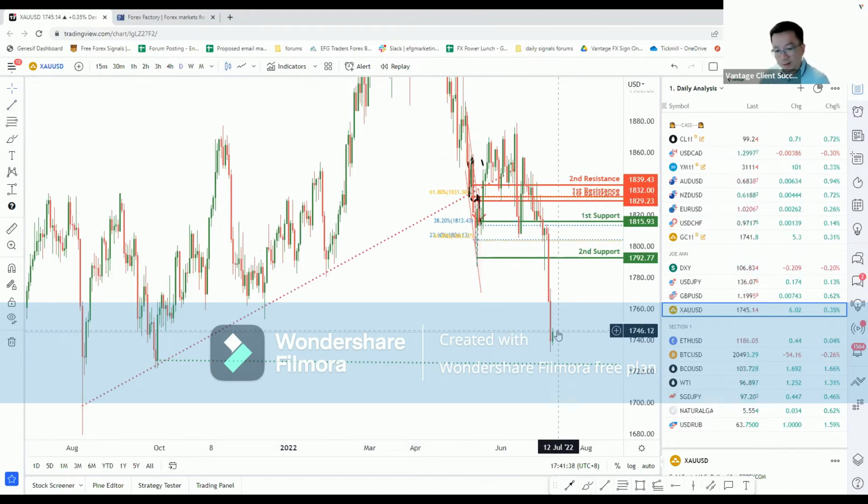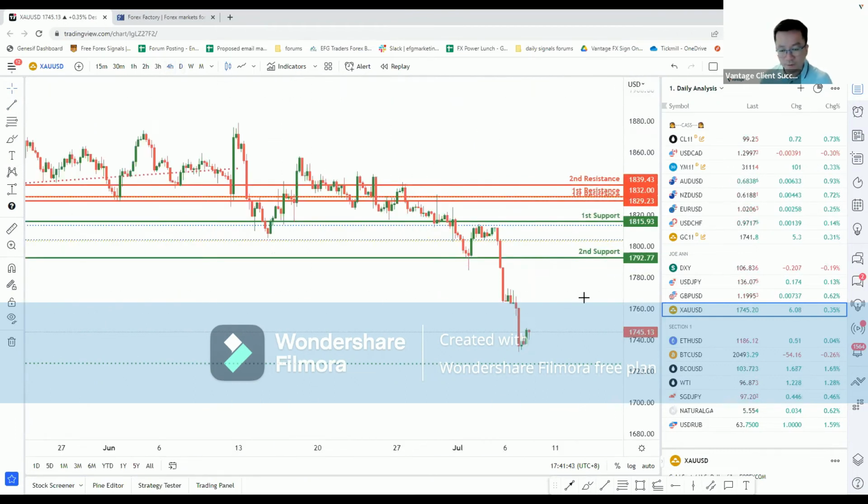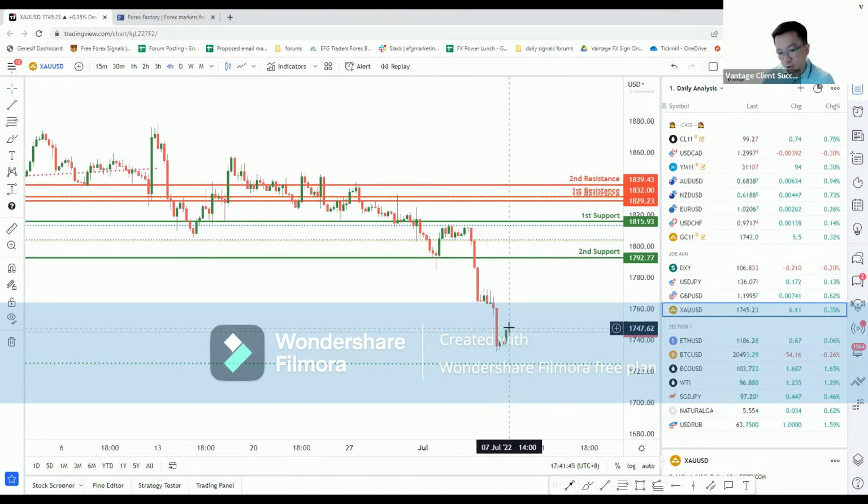I think we're likely to see gold, for today and maybe even the medium term, trade in consolidation, slightly below 1750, between 1750 and the 1740 or 1730 level, at the most 1725, within this range with limited downside.